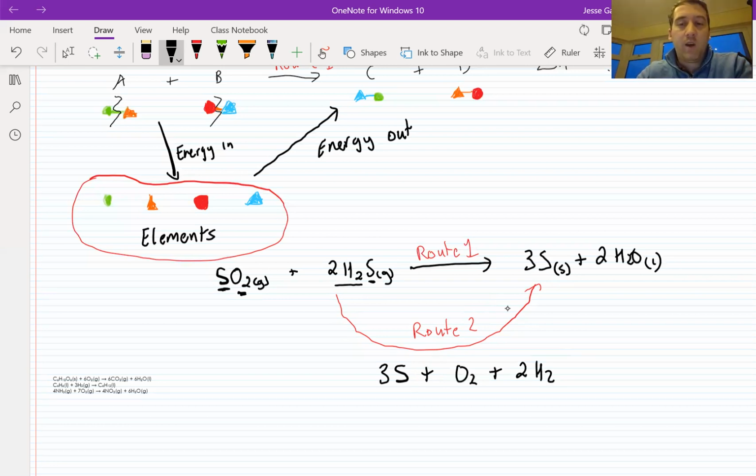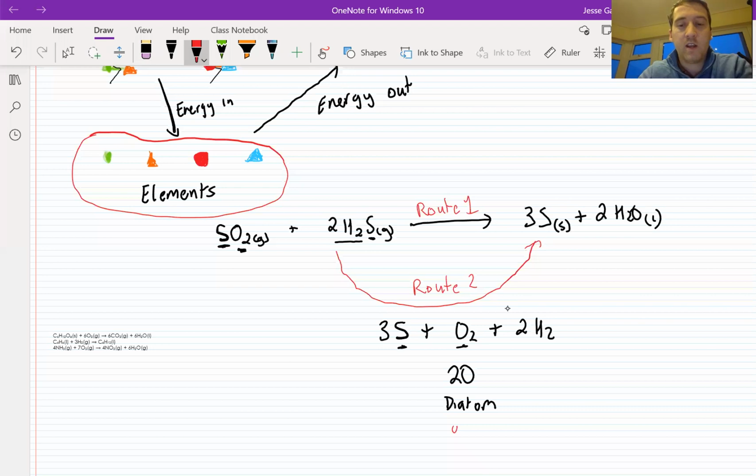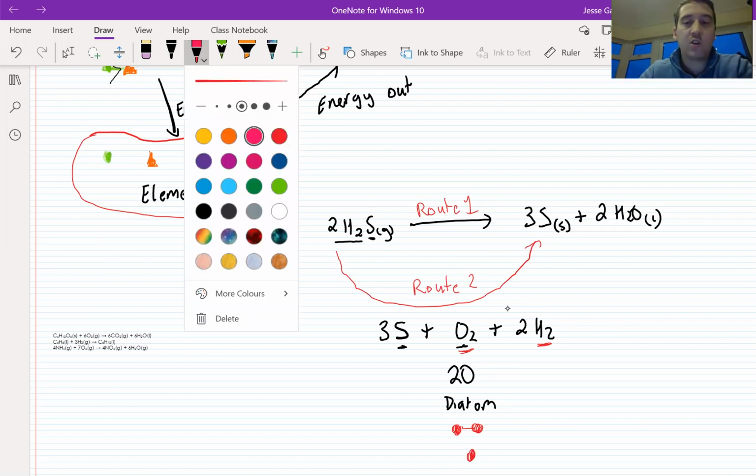Now, why is this O2? Why isn't this 2O like this? Well, oxygen is a diatom, which means elemental oxygen always exists as 2 atoms joined together. There's no such thing as an oxygen atom, just one on its own. That's why this is O2, and hydrogen is the same. That's why every hydrogen has to be H2.